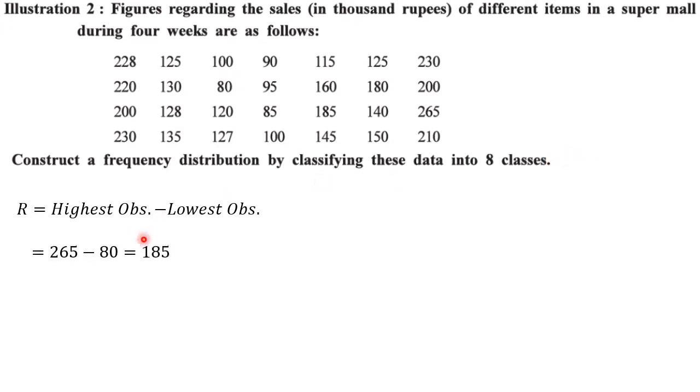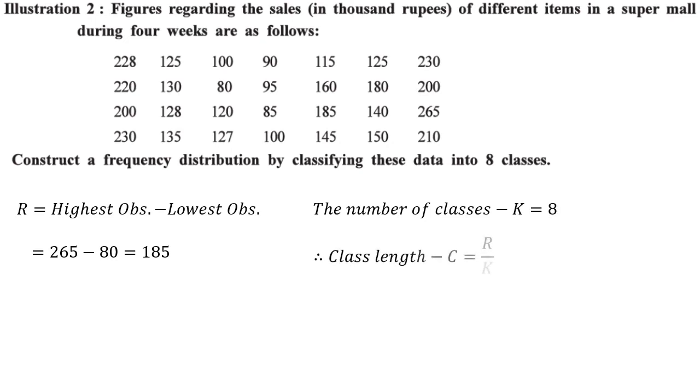So the difference, that is the range of the data, is 185. Next, we will use the k value and then find the class length. The number of classes k is given, that is 8. So therefore the class length, that is C, will be R upon K, 185 upon 8, that is 23.125.